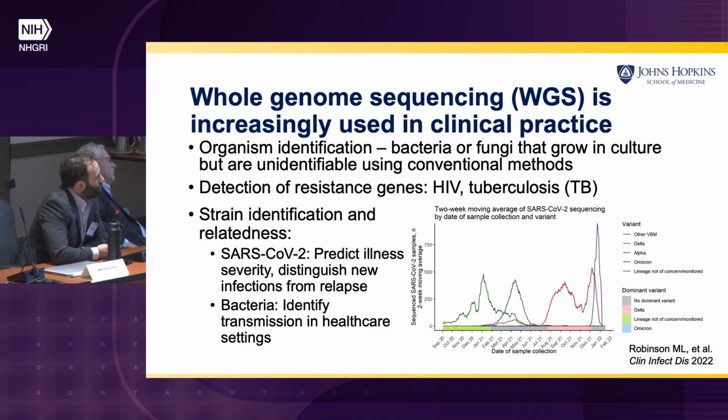We also use it for strain identification and relatedness. For SARS-CoV-2, we use it to predict illness severity and distinguish new infections from relapse, particularly in immunocompromised individuals. And in determining whether transmission is occurring in healthcare settings, it's been quite useful.